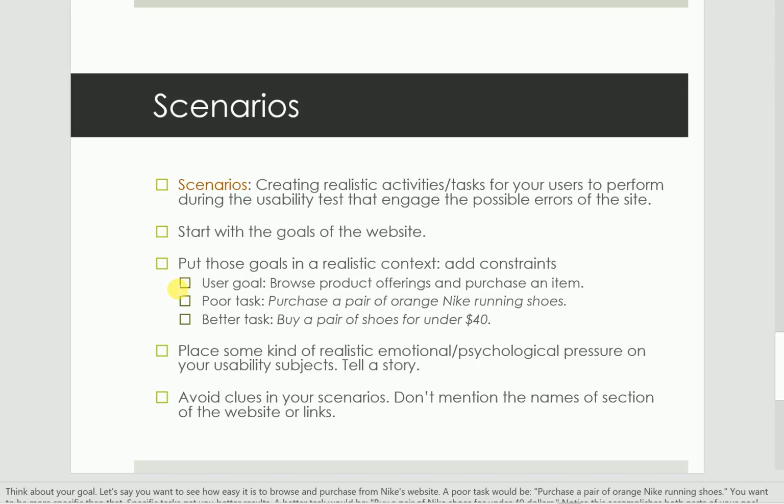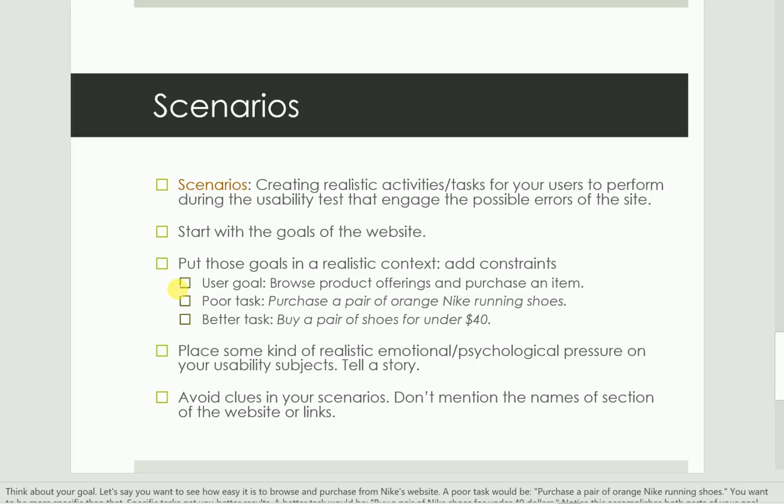And you're going to add a constraint to the goal in order for the user to perform a task. So a poor task would be to ask the user to purchase a pair of orange Nike running shoes. A better task would ask the user to buy a pair of shoes for under $40 and watch them try to accomplish that task. Notice that this accomplishes both parts of your goals to browse and purchase.